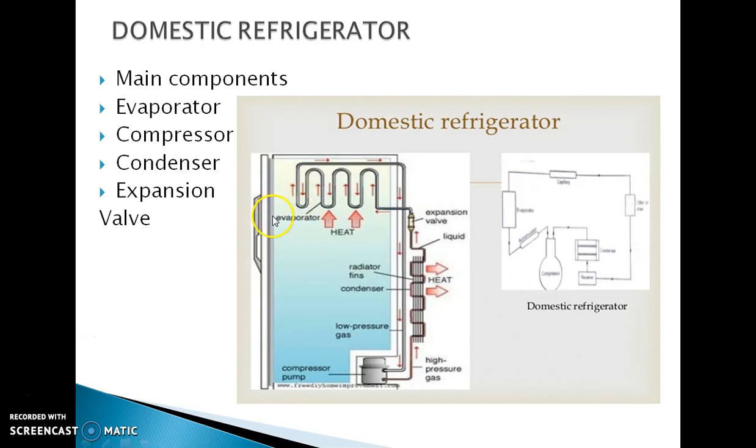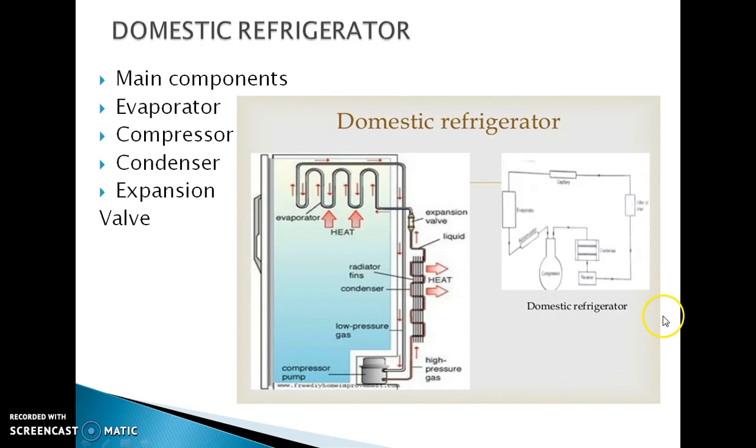That cooled air, being of higher density, settles down at the bottom of the fridge, and the warm air which is at the bottom of the fridge comes in the vicinity of the freezer. So this forms a natural convection inside the fridge compartment, and we get even cooling in the fridge compartments.